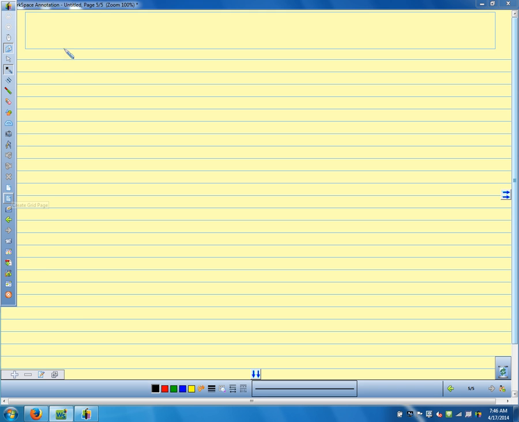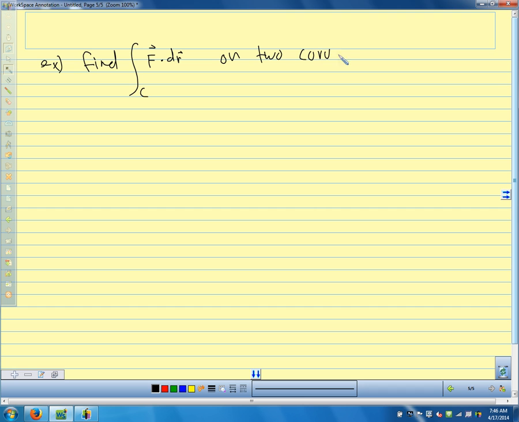All right, let's look at one more example. In this example, we want to find the line integral of f dot dr on two curves, and we want to explain the results.